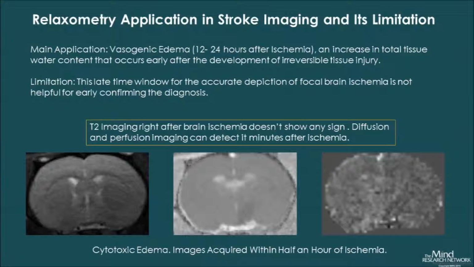And it has limitations because its time window is late, so it's not helpful for early confirmation of the diagnosis. For example, these three images were acquired within half an hour of ischemia. On the T2 weighted images, we can hardly see any signs of the lesion, but on the diffusion image and perfusion image, we can see the ischemic lesion has already started.